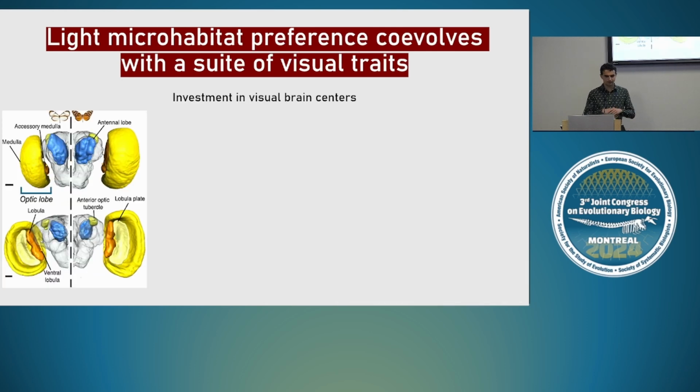So we then push further and follow the trajectory of visual information to see whether variation in the light environment can also drive variation in the visual processing centers in the brain. So on the left here is a 3D reconstruction of a butterfly brain that was created from immunostained whole brain samples that had been scanned with a confocal microscope.